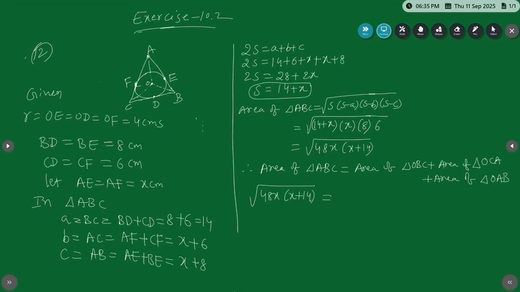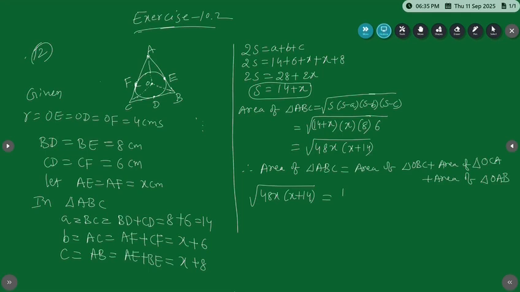On the RHS, for triangle OBC, the height is equal to the radius of the circle, so 4 centimeters, and the base is BC, whose value is a.